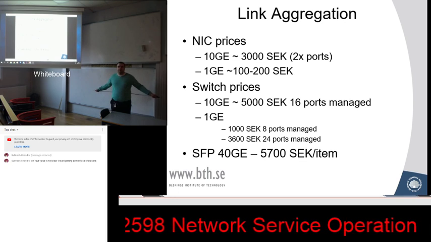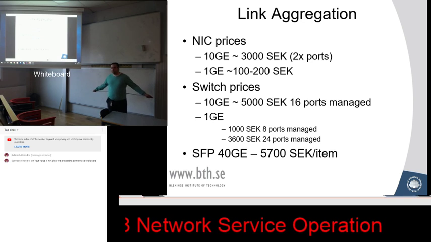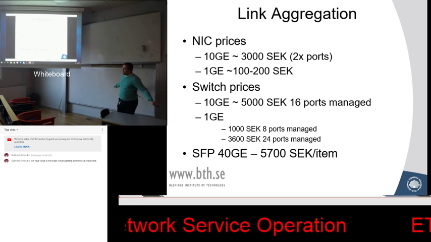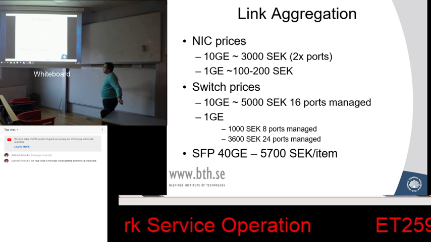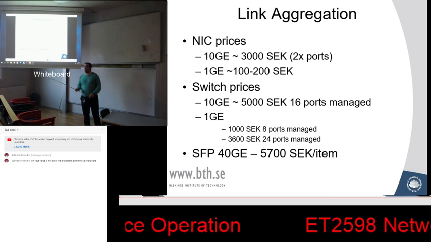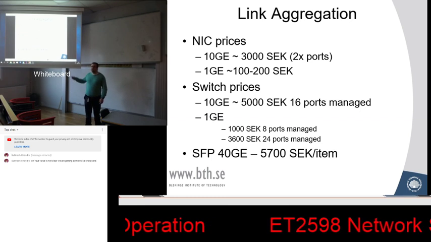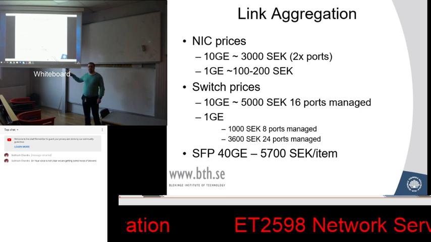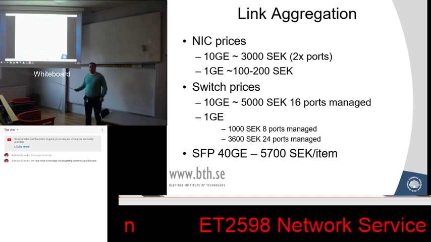It's not business critical. You can get that for 1,000 or 1,500. If you compare that to a gigabit, which is around 100 and 200 crowns, that's a huge difference, right? The speed is not equivalent of the price.